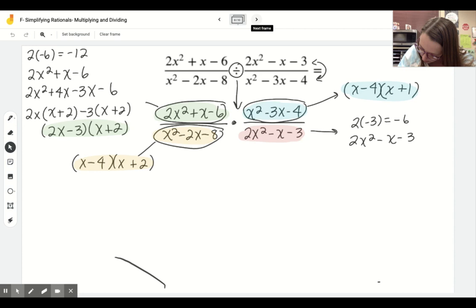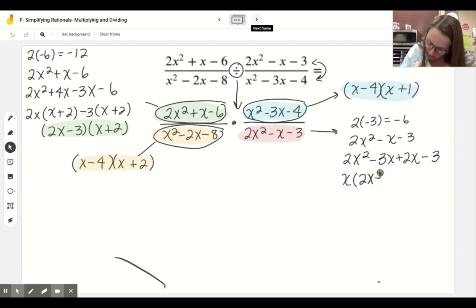So I'm going to split that middle term into negative 3x and positive 2x. Those multiply to negative 6 and add up to that negative x. GCF of the first two is x, leaving me with 2x minus 3. And this one's already 2x minus 3, so we'll just divide by 1.